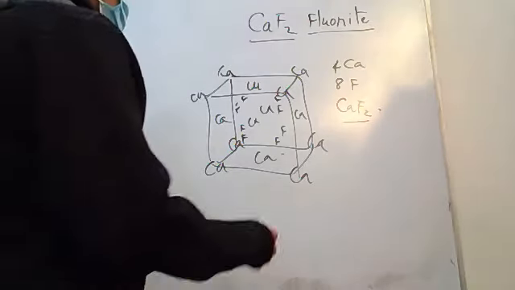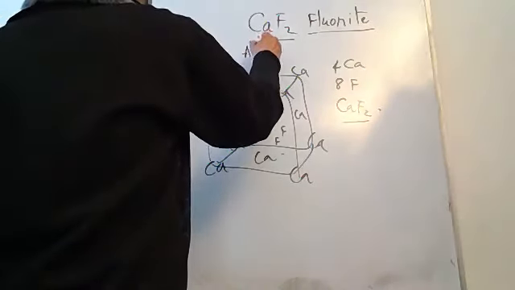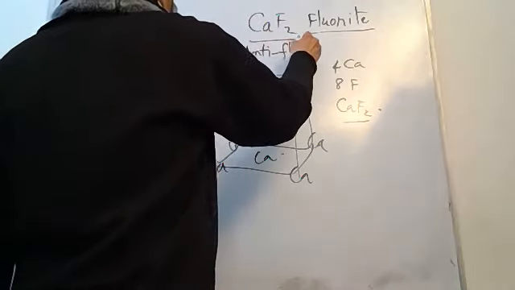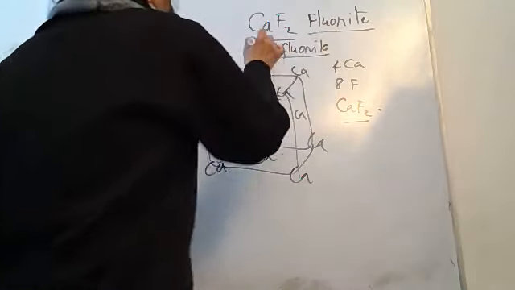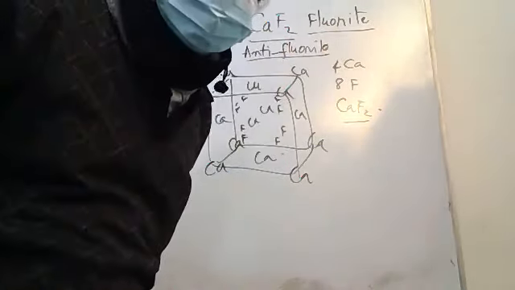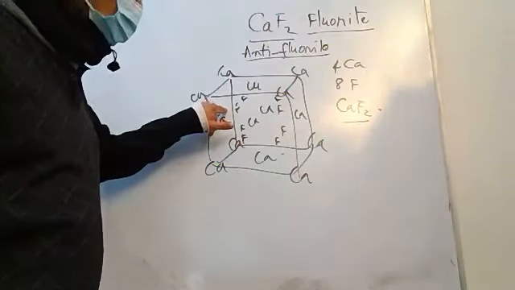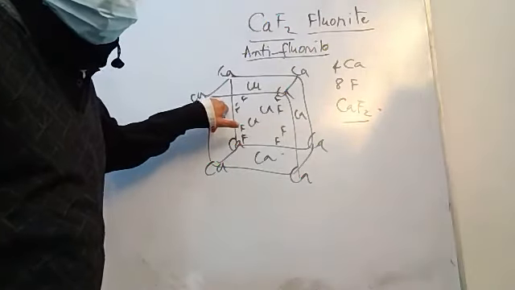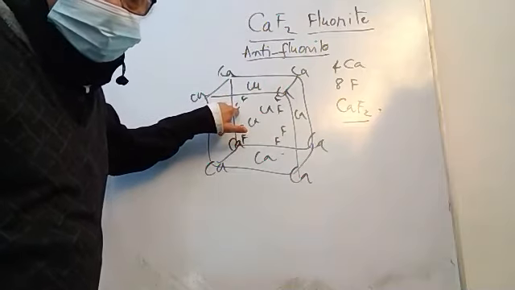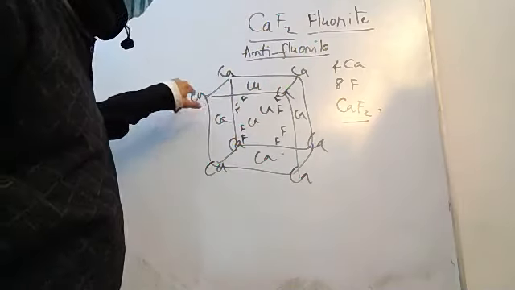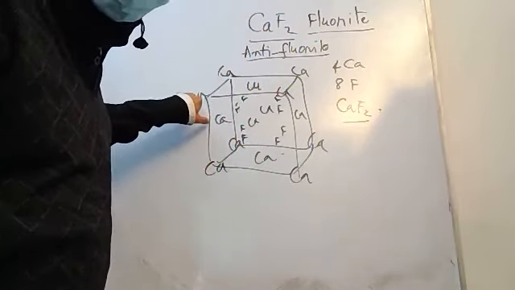Similarly, you can also have what we call anti-fluorite structure, where you reverse the anions and cations. In calcium fluoride, the anion stays in the tetrahedral hole and the cation forms the face-centered cube.